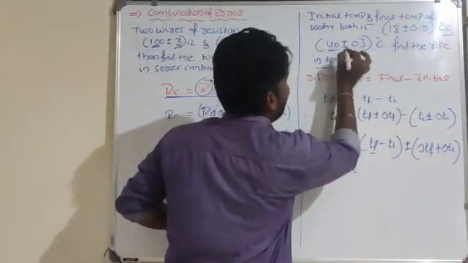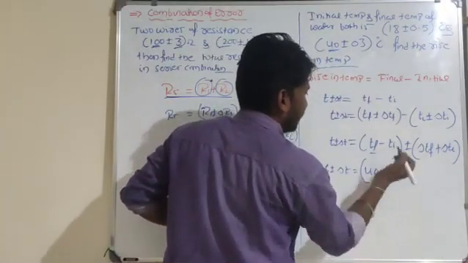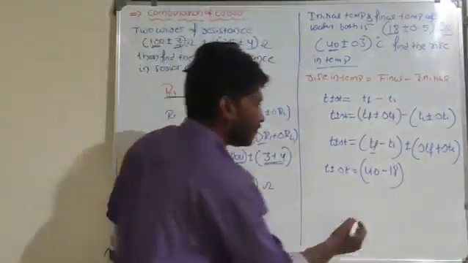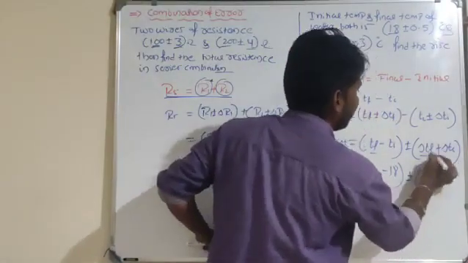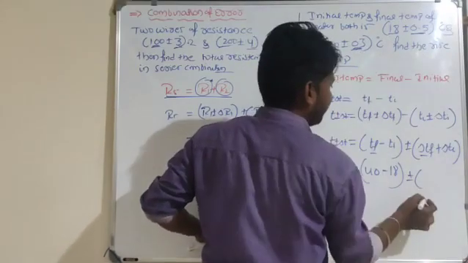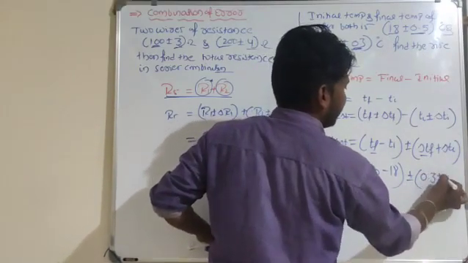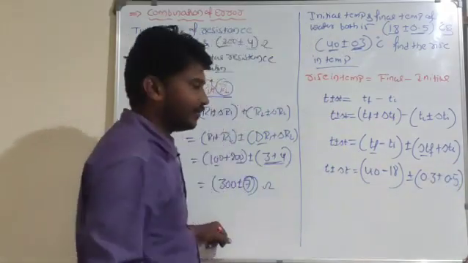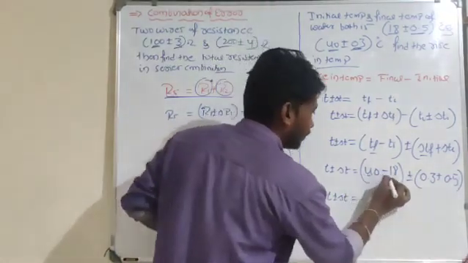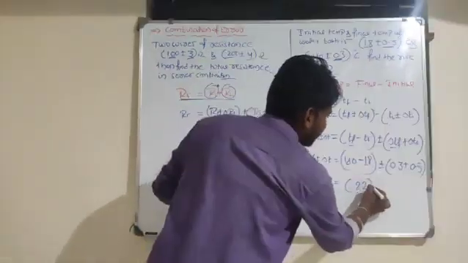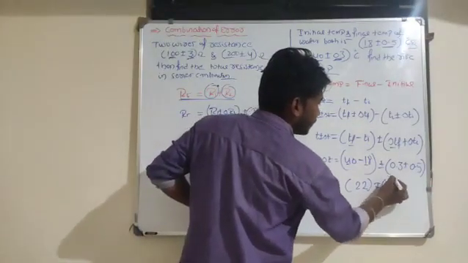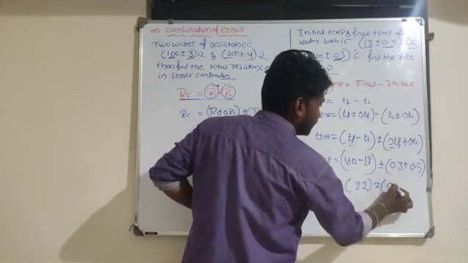T_F is 40, minus initial temperature 18, plus or minus delta T_F, which is 0.3, plus delta T_I, which is 0.5. So T plus or minus delta T is 40 minus 18, which is 22, plus or minus 0.5 plus 0.3, that is 0.8.